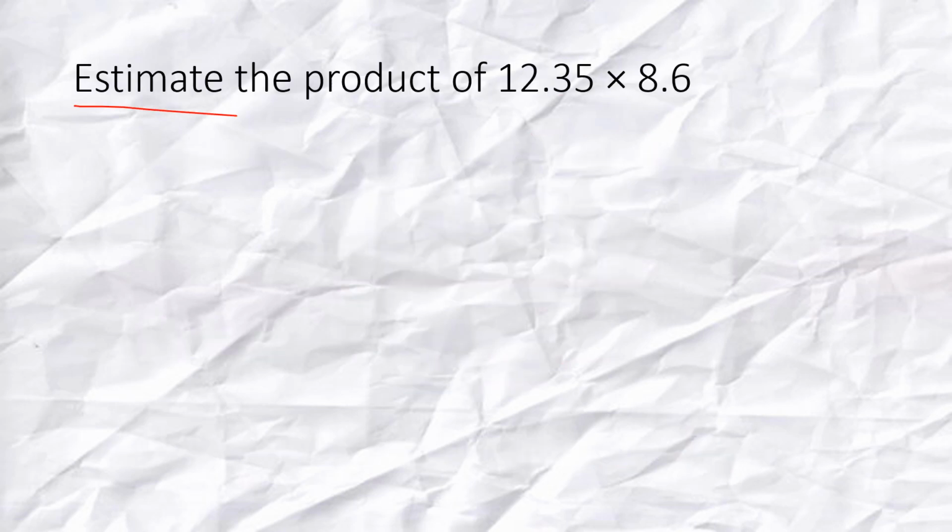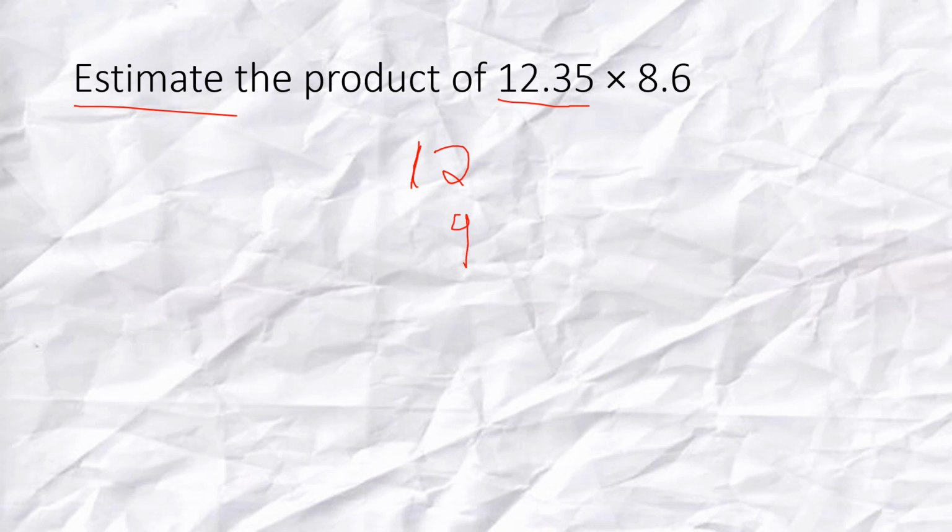Let us try to answer this one. Estimate the product of 12.35 and 8.6. In order for us to estimate the product of these two factors, we need to round them off to the nearest whole number. So 12.35 will be rounded down to 12, while 8.6 will be rounded up to 9, since the number beside 8 is 6.